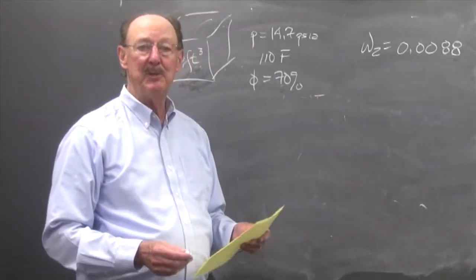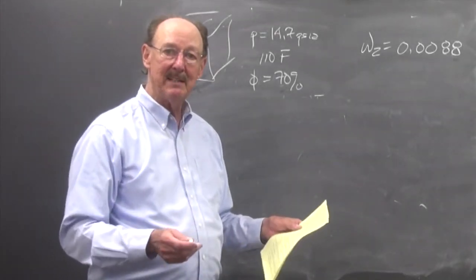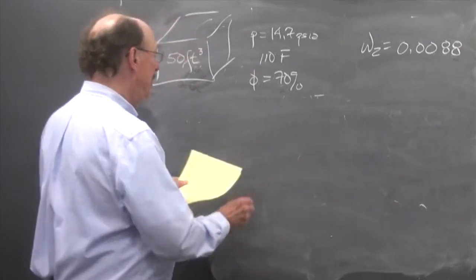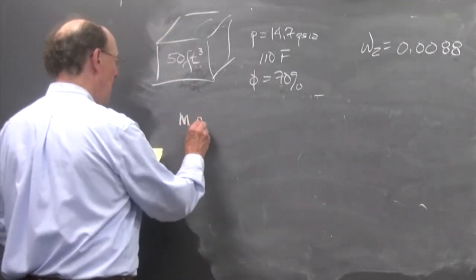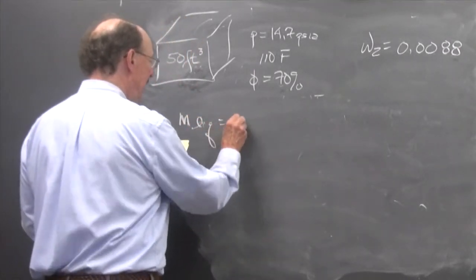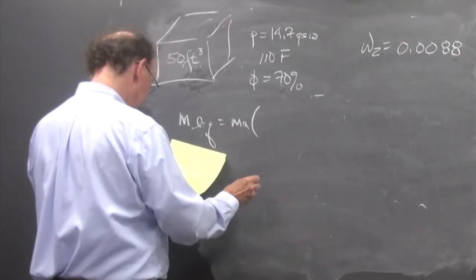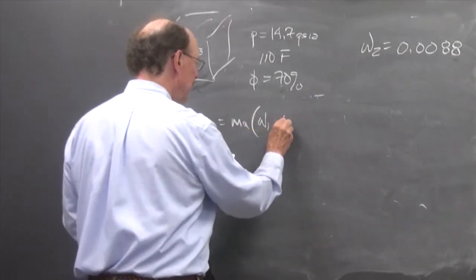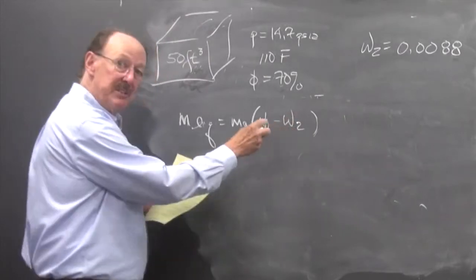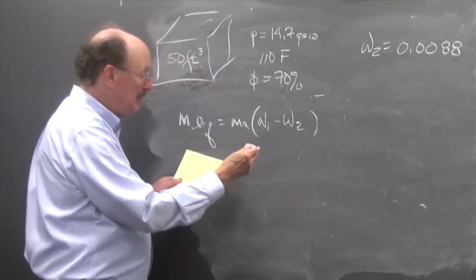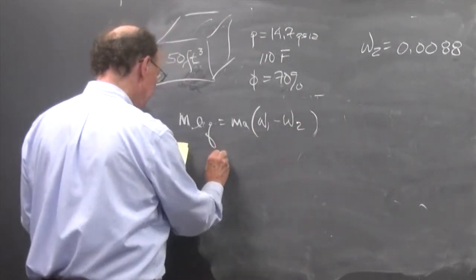And now what we want to do is find the mass of liquid that occurred. The mass of liquid is Ma times the difference between omega 1 and omega 2. This refers to the water vapor, and the difference between the water vapors is the amount that's been condensed.